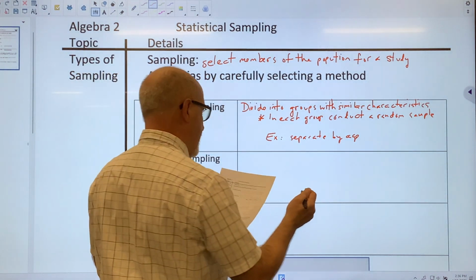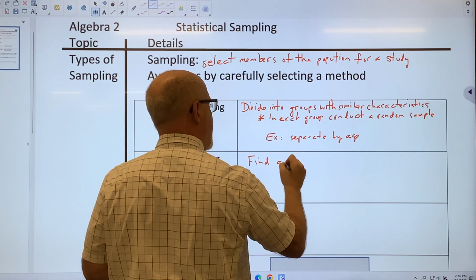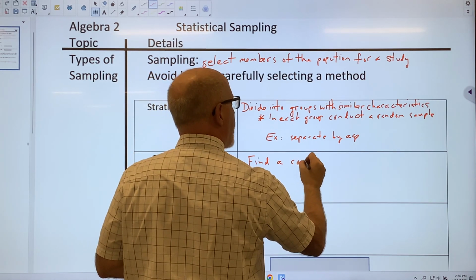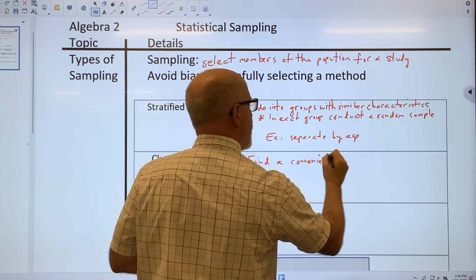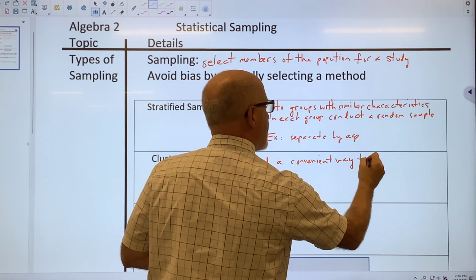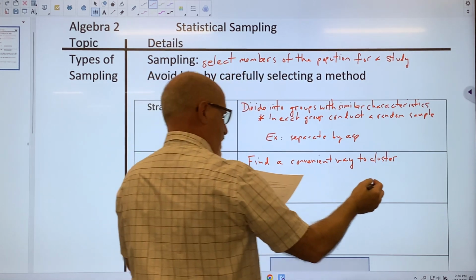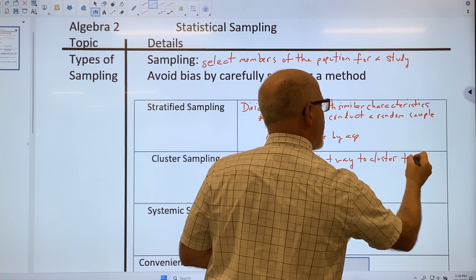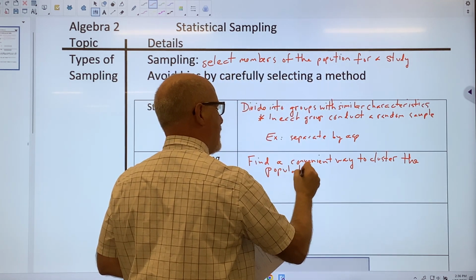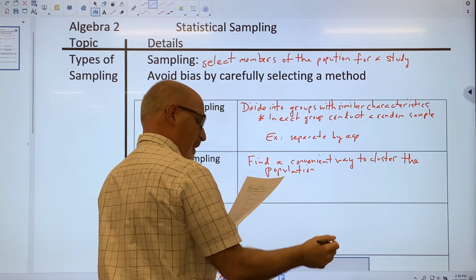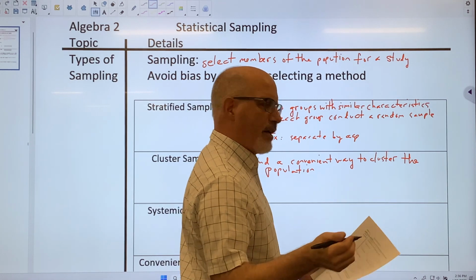So find a convenient cluster or a convenient way to cluster the population. And then what you want to do is select a cluster at random.